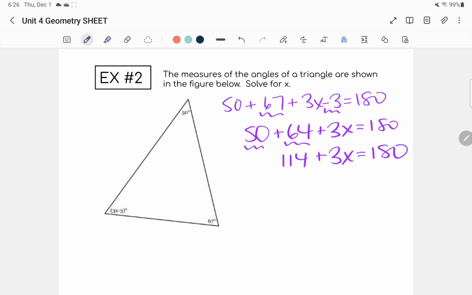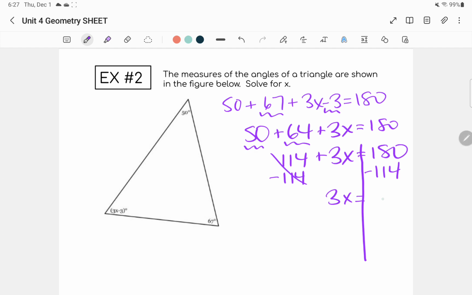Now I'm at the point that it is a two-step equation. So I'm going to draw my line. And I'm going to go ahead and subtract 114 from both sides. So 3x is equal to, and let's do some mental math. 114 to 120 is 6. And 120 to 180 is 60.